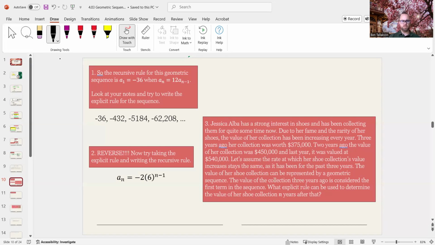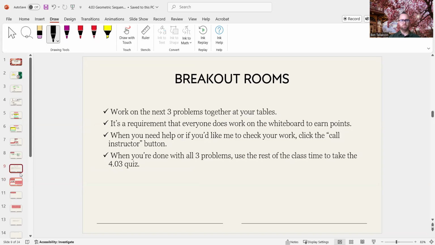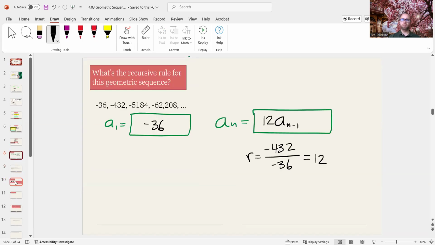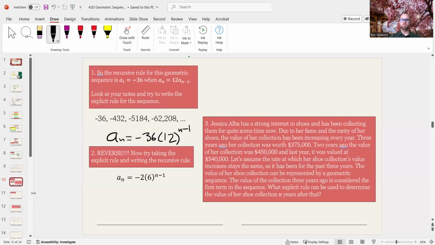Okay, you should have got a sub n equals negative 36 times 12 to the n minus 1. Was that what we had before? I think so, right? But we're writing the explicit rule. There it is.